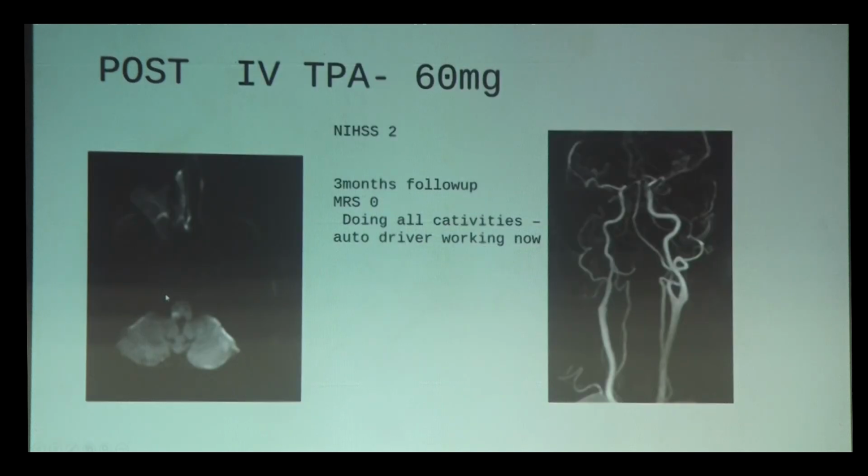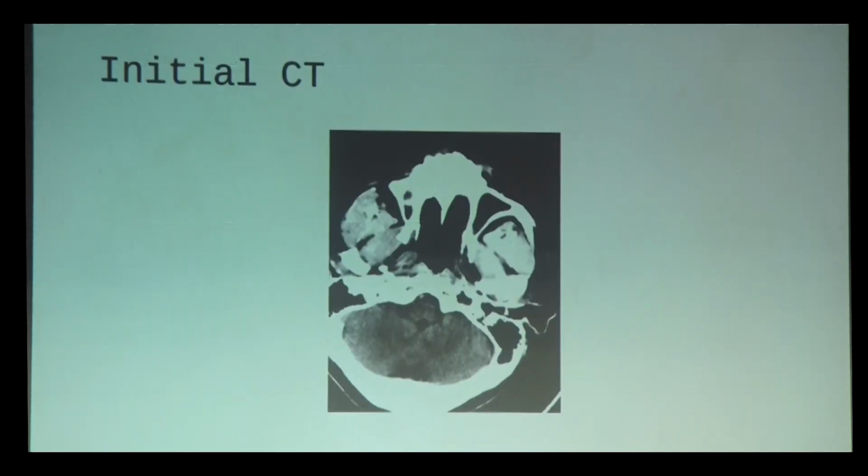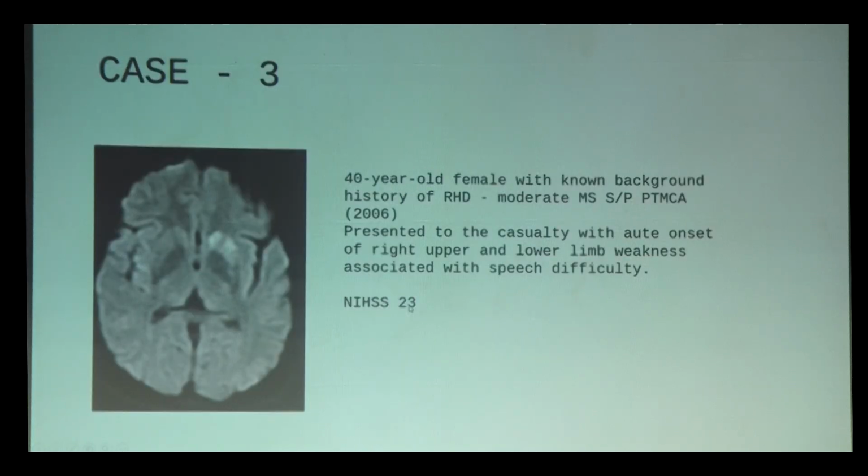So we went ahead with thrombolysis, 60 mg alteplase, and this is the post-thrombolysis MRI, where there is a small infarct in the right pontomedullary junction, and there was no large vessel occlusion in the basilar or vertebral arteries. The right vertebral is non-dominant and hypoplastic. At 3 months follow-up, the patient is currently mRS 0, doing all activities, and he is an auto driver, currently working. I have kept the initial CT so that you can see the right pontine area, but still no evident stroke had developed by that time. The CT is normal, and hypodensity is not seen.